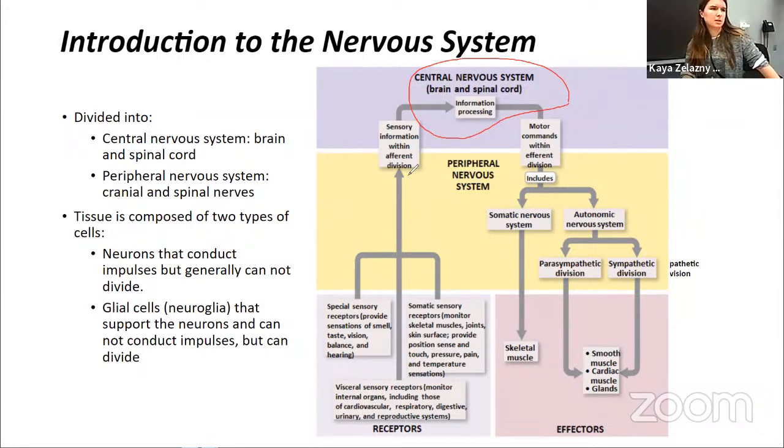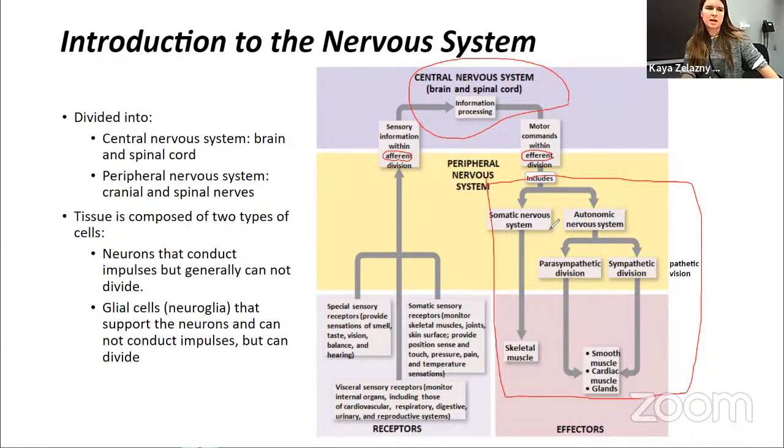So when we talk about this later, we'll see afferent coming into the central nervous system, efferent, E like effect, going out of the central nervous system. And we'll spend a lot of time down in the breakdown of our efferent nervous system, the signals coming out of the brain and spinal cord.